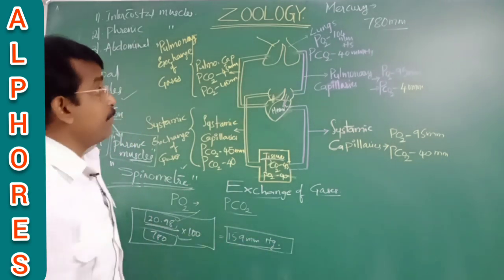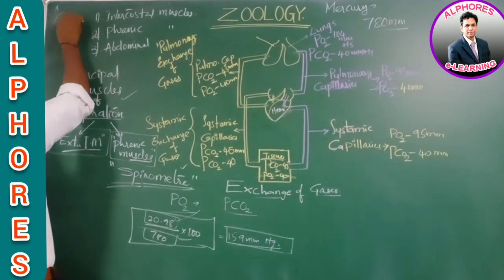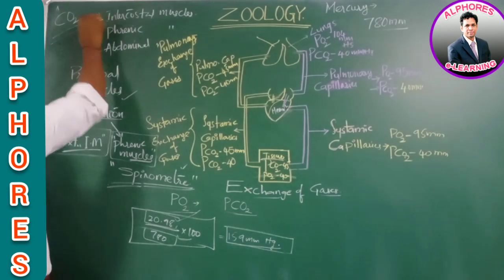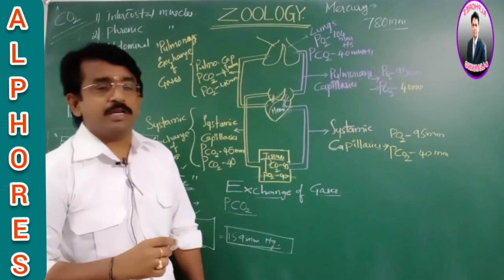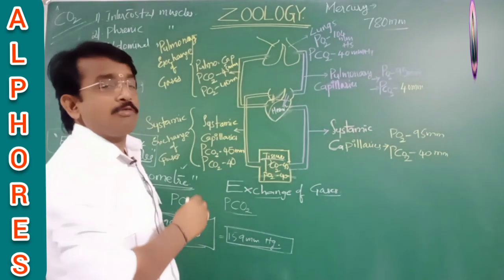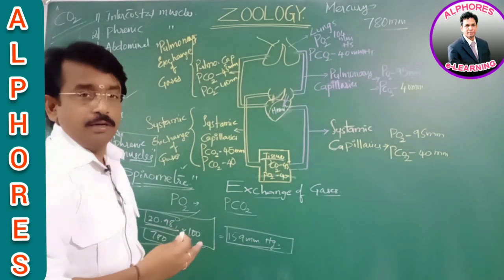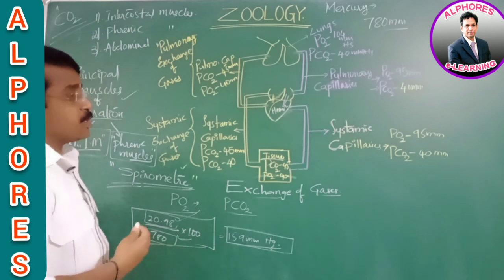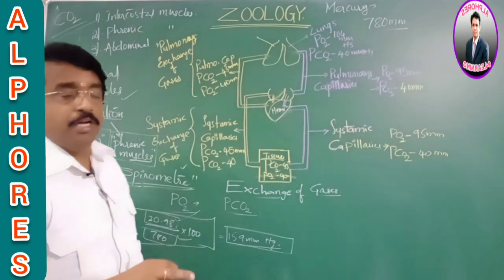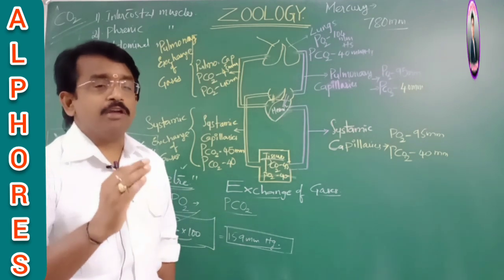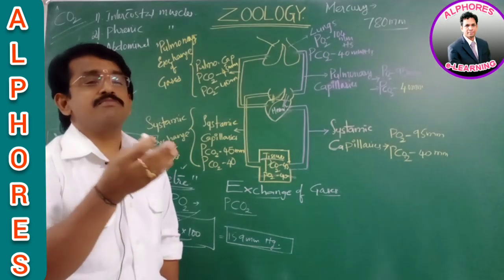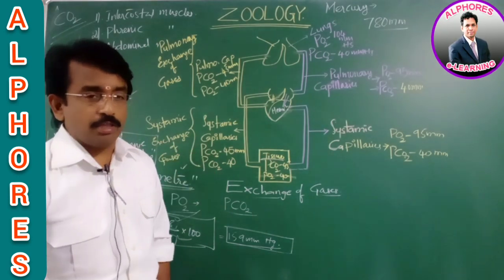Generally, the solubility of carbon dioxide in blood plasma is 20 to 25 times more when compared with oxygen.